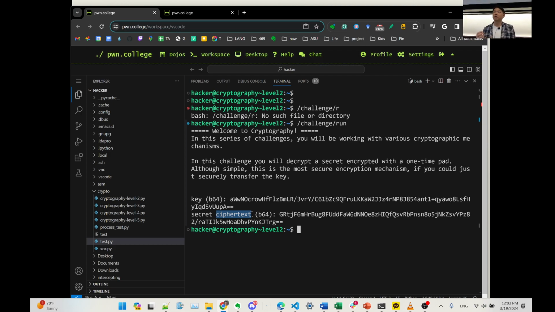Presumably the lengths of these two are the same, so that gives the exact plain text. In order to do that, we can take this input value by interacting with the process. How can you do that? Now let's do that.